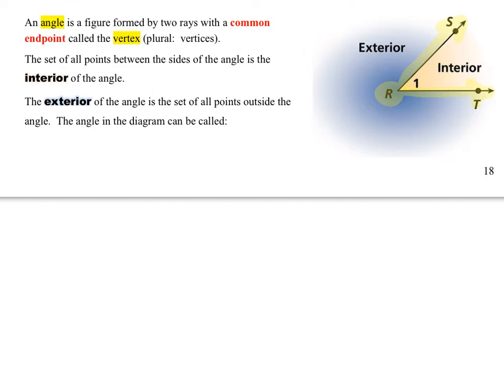And the way that we name the angle, we're going to have a few different choices. You can see that we have that number 1 inside of it, so we could call this angle 1.